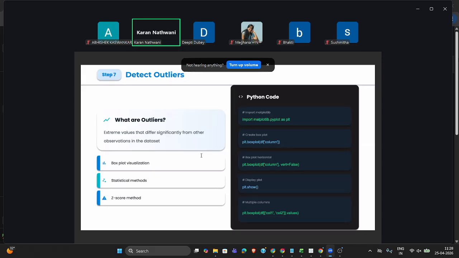Outlier means behavior. You can talk in the context of behavior. For example, the behavior of the rest of the group, and the behavior of a few people in that group who are significantly different. It happens many times. You see in society also, there are certain people who are very temperamental.